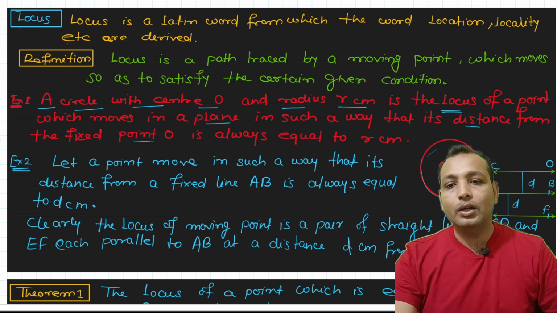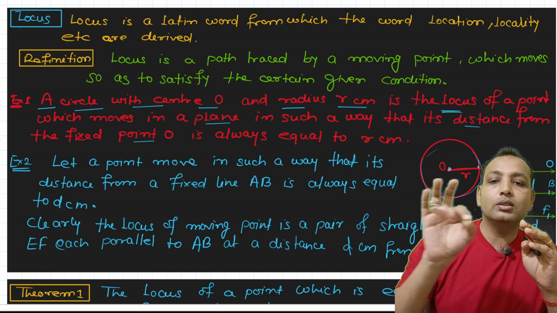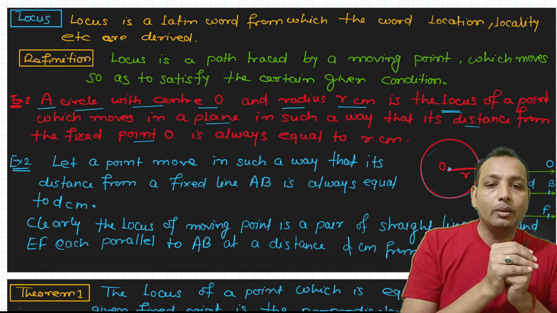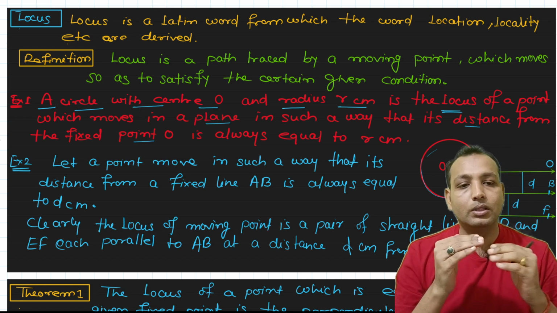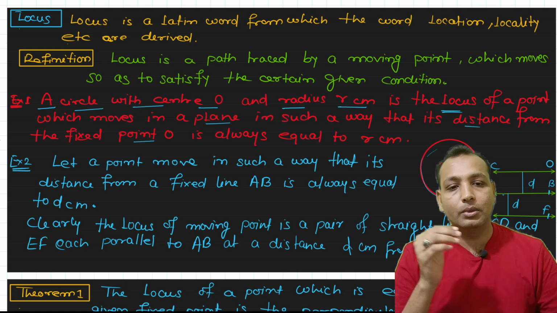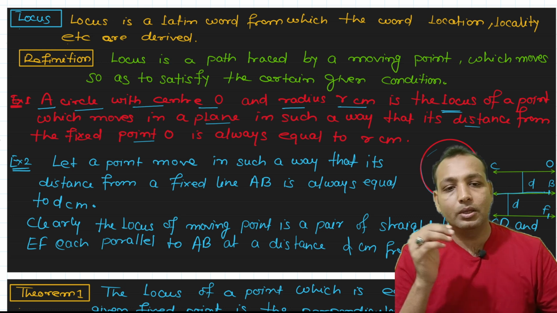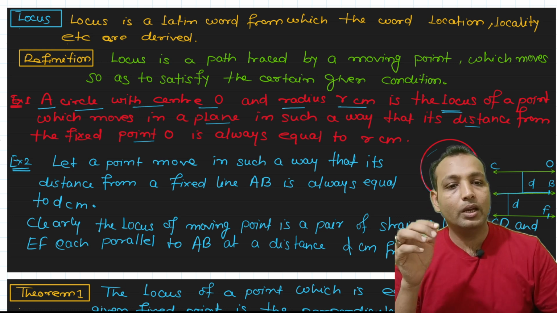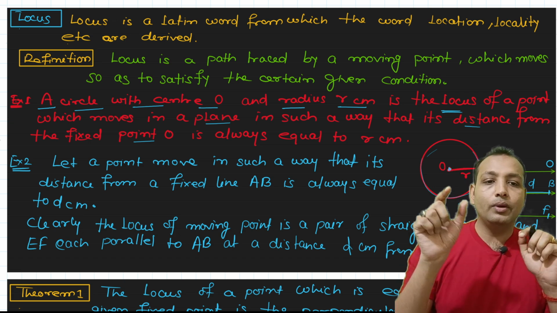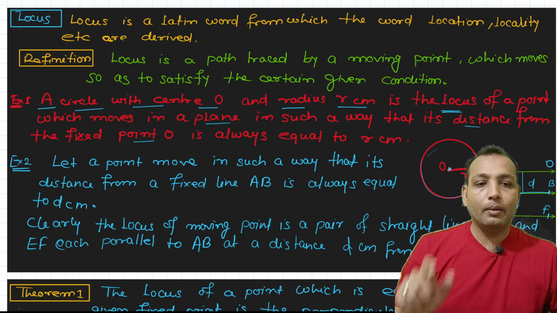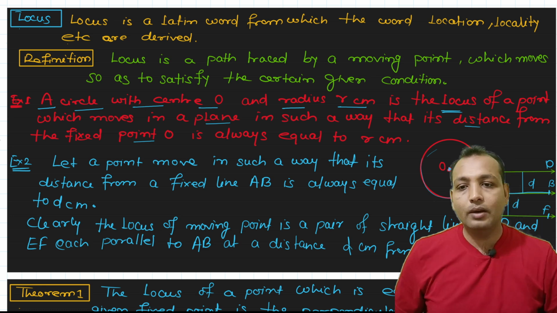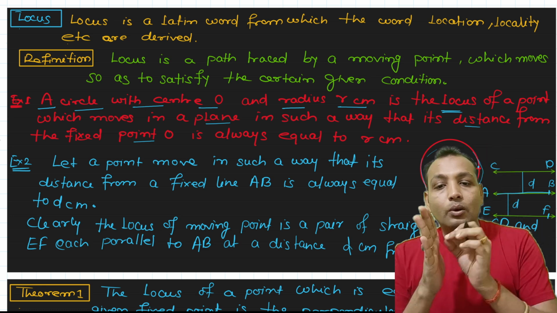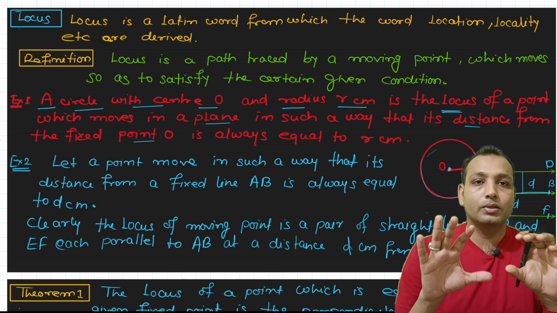Let a point move in such a way that its distance from a fixed line AB is always equal to d centimeter. Here this line is given, with points A and B. If we have two lines like EF and CD, clearly the locus of the moving point is a pair of straight lines.